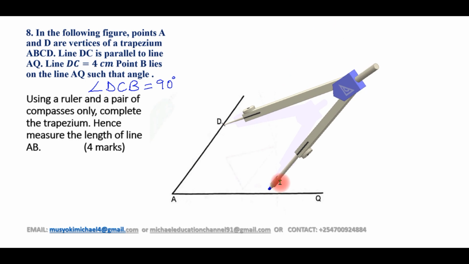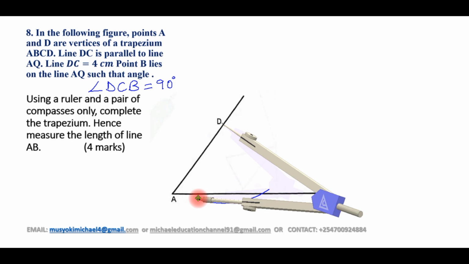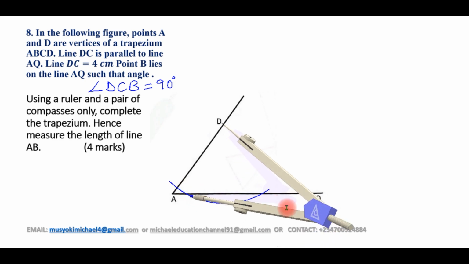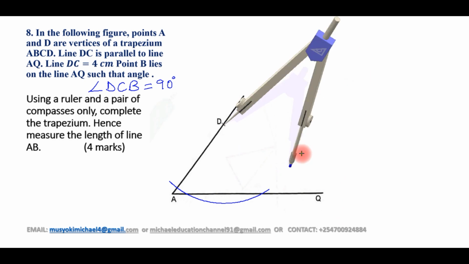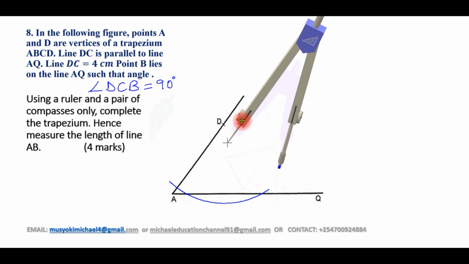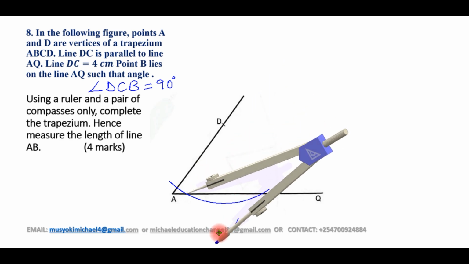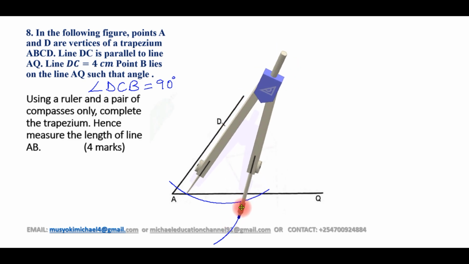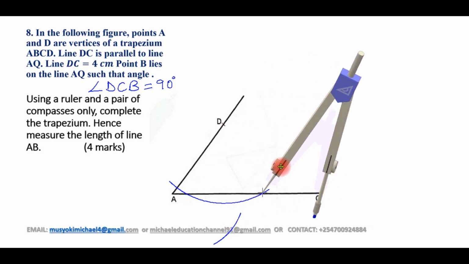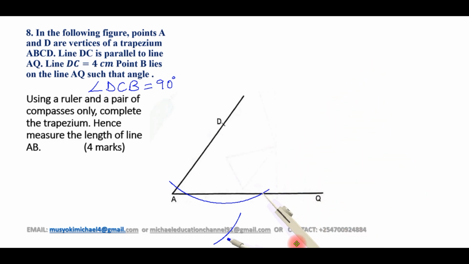Let us put a mark at the bottom there, and then using this arc as the center, I put another arc there, and also use this arc here as the center, and maintaining that radius, I put another mark there.